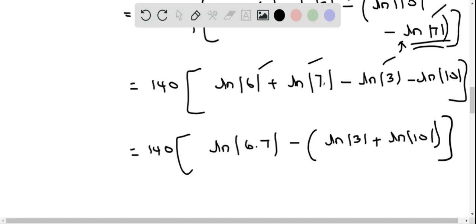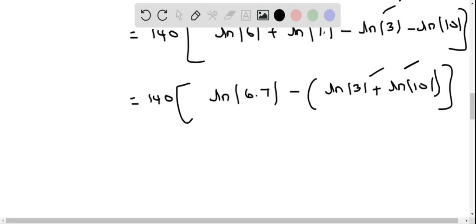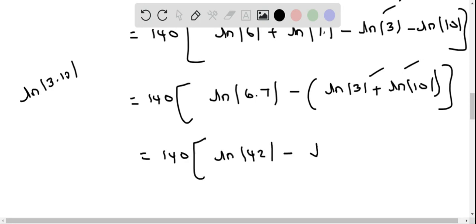And in the next step, we can combine these two natural logarithms. So the numbers will get multiplied. That is, it will become natural logarithm of 3 times 10, which is basically 30. And 6 times 7 is 42. So I'm going to write this down in the next step. So this one is natural logarithm of 42 minus natural logarithm of, when we combine these two, we get natural logarithm of 30.